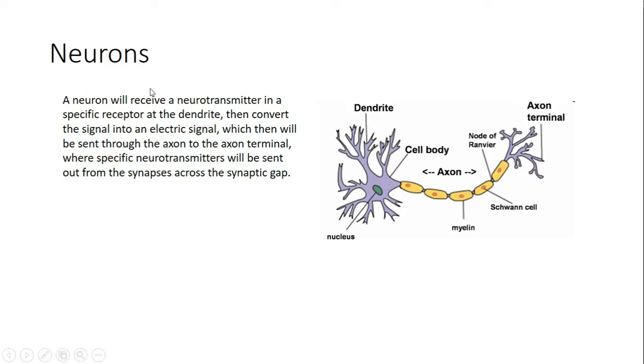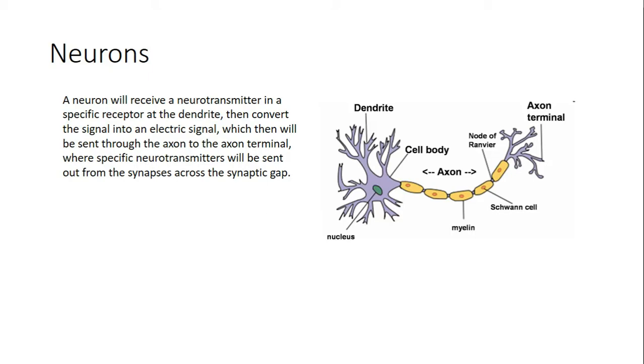And this is how neurotransmission works. A neuron will receive a neurotransmitter in a specific receptor. If you've done enzymes in biology, if you imagine that an enzyme has a lock and key mechanism, it's kind of similar for receptors. It's like a lock for a key that is a neurotransmitter.